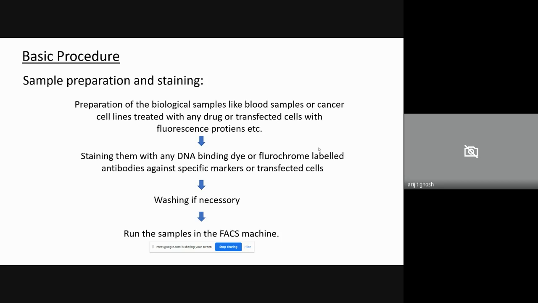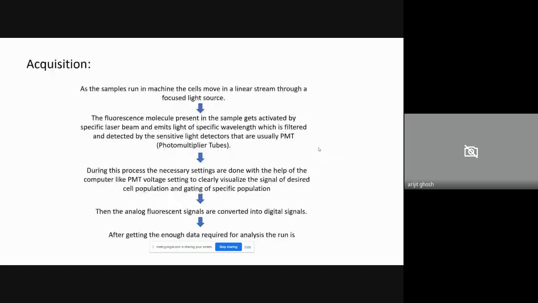After staining, if washing is necessary, it depends on the experiment. Washing will be performed, and then the samples will be run in the FACS machine. Running is also called acquisition. So in acquisition, what happens?